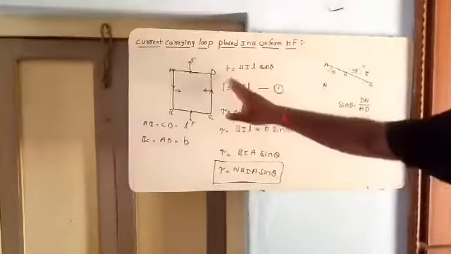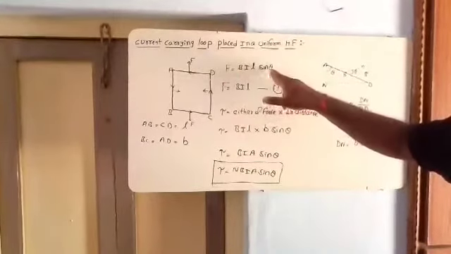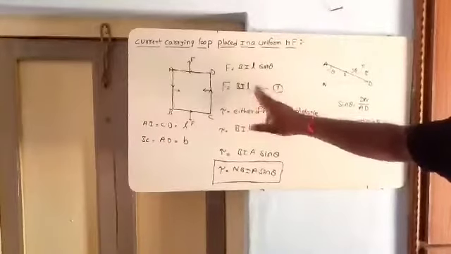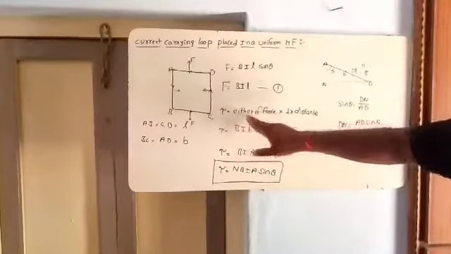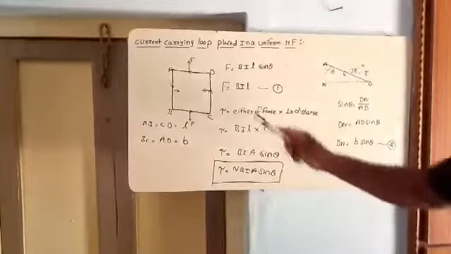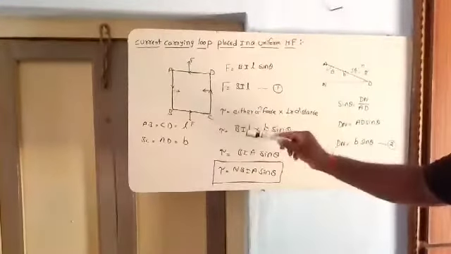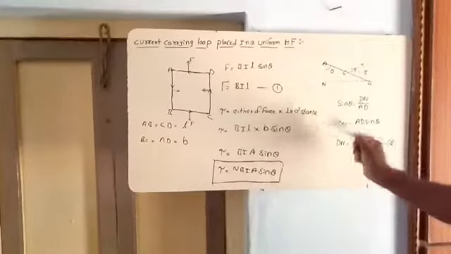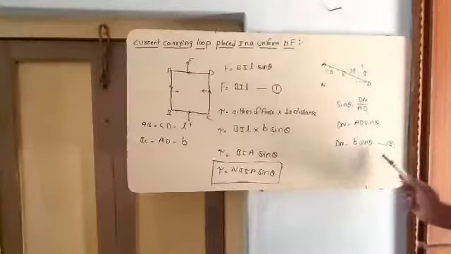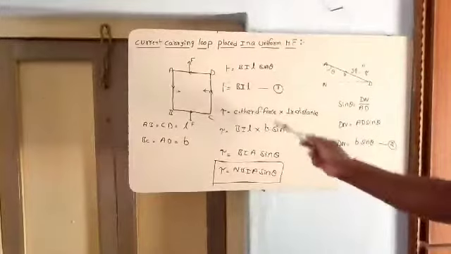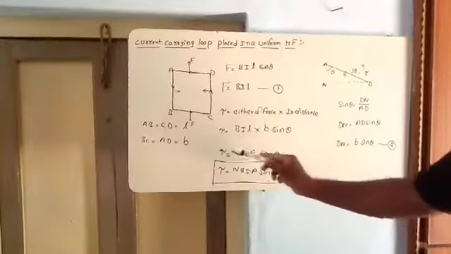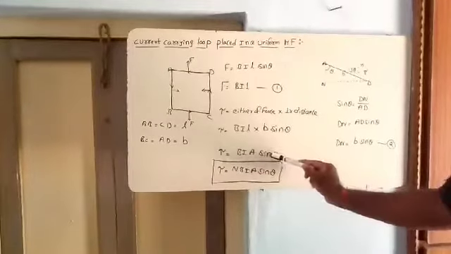For that couple, F is equal to BIL sin theta, theta is equal to 90, so F is equal to BIL. Torque tau is equal to either of the force into the perpendicular distance. Here either of the force is BIL, into the perpendicular distance, which we can calculate from this diagram, that is B sin theta. After substituting, we get torque tau is equal to BIA sin theta.